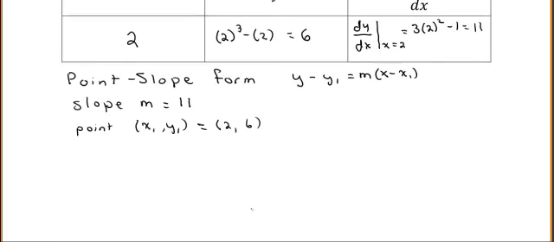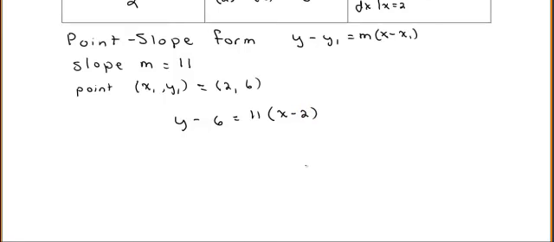So the equation for this line is going to be y minus y1, which is 6, is equal to m, the slope, 11, times the quantity x minus x1, which is 2.